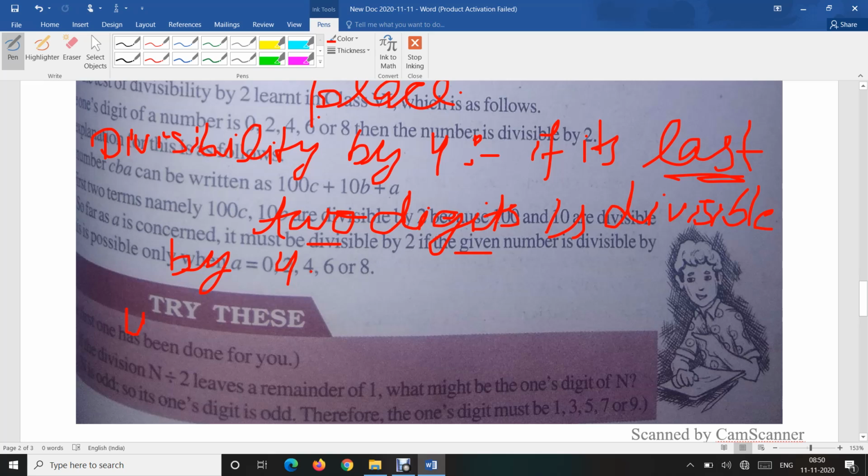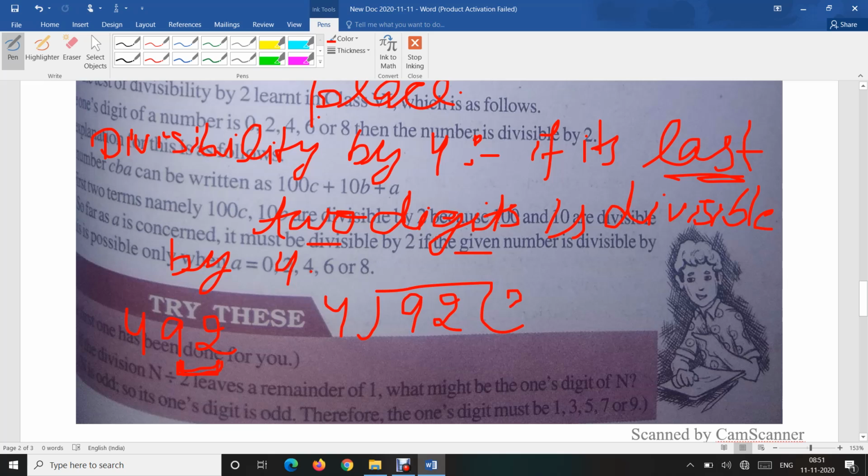Suppose you have a number 492 and you have to check whether this number is divisible by 4 or not. So you have to check the last two digits. You can see the last two digits are 9 and 2 in this number. Then you have to check whether this 92 is divisible by 4 or not.